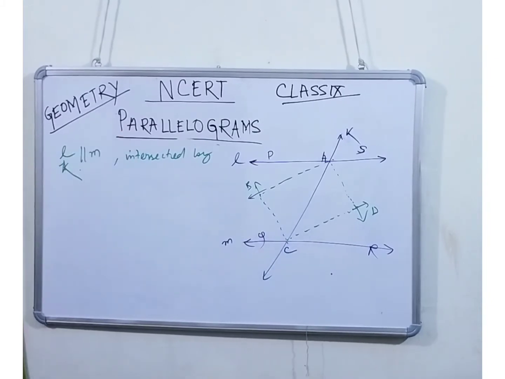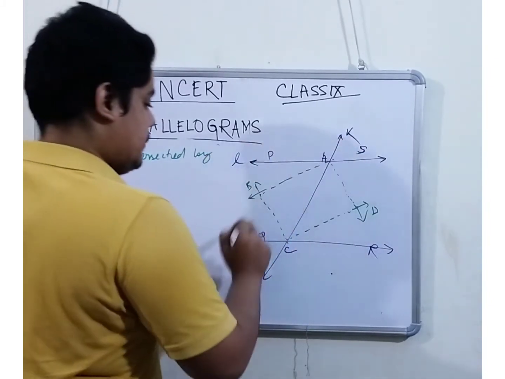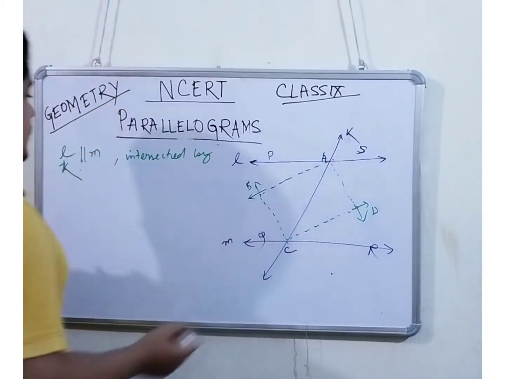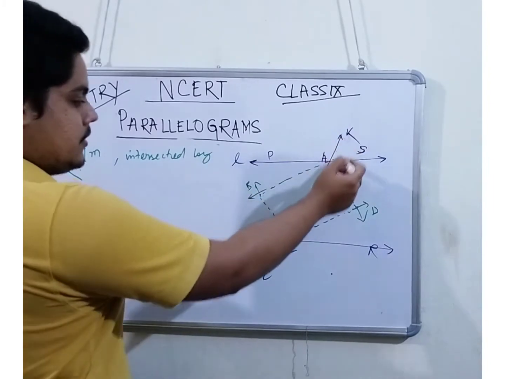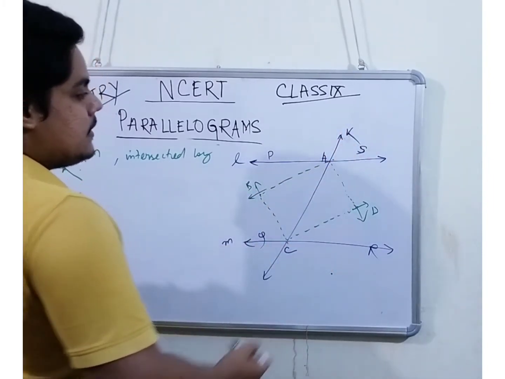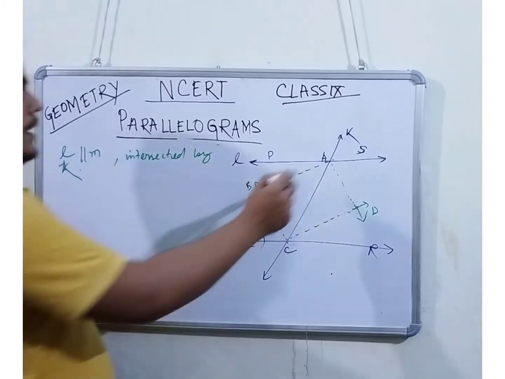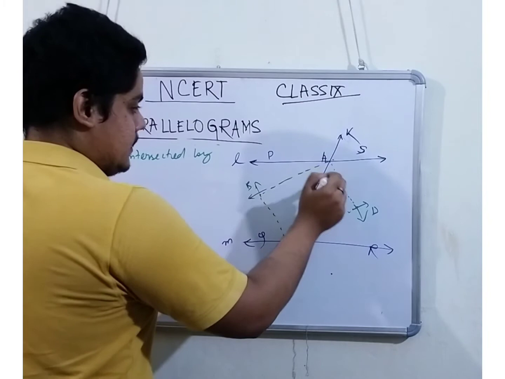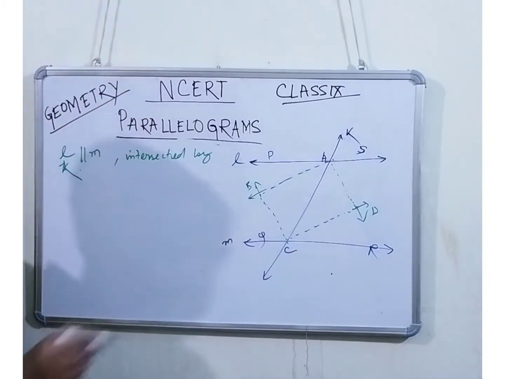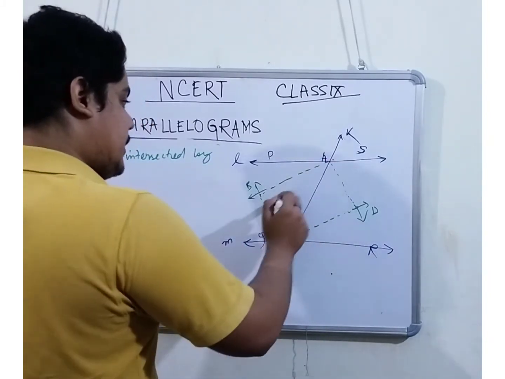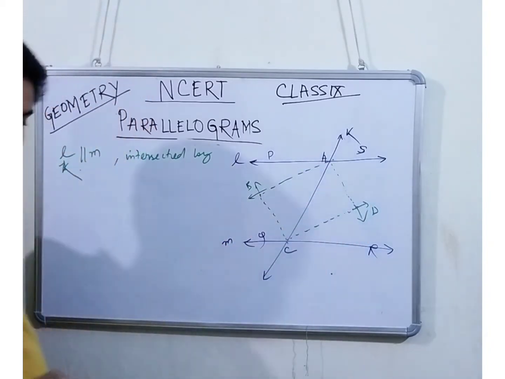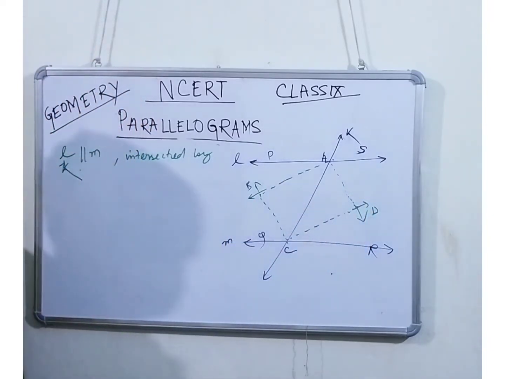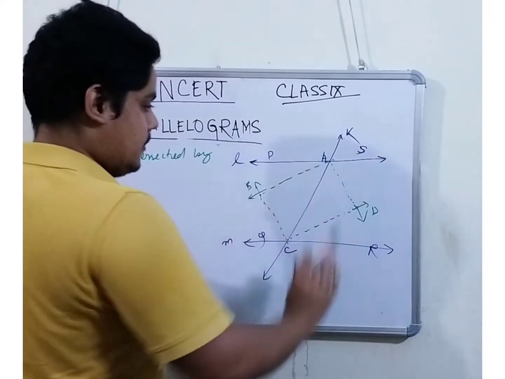In this problem, L and M are two lines that are parallel to each other, and K is a transversal which intersects these two lines at points A and C. Now, considering these angles, four angle bisectors are drawn, and these bisectors have formed a quadrilateral.